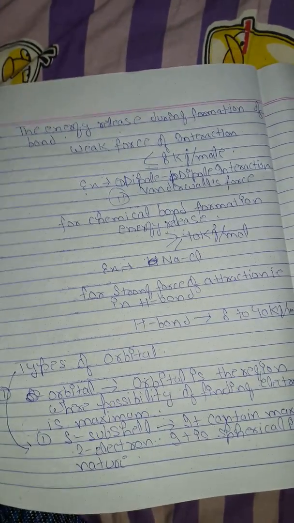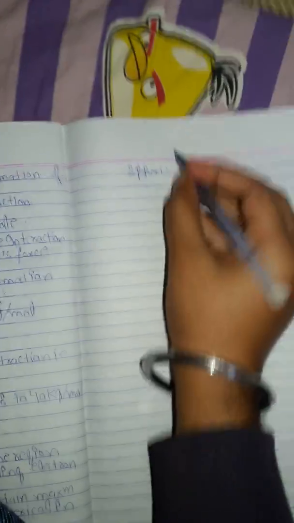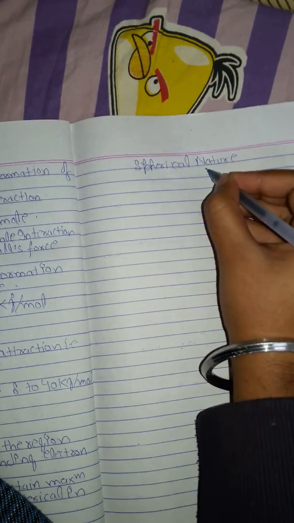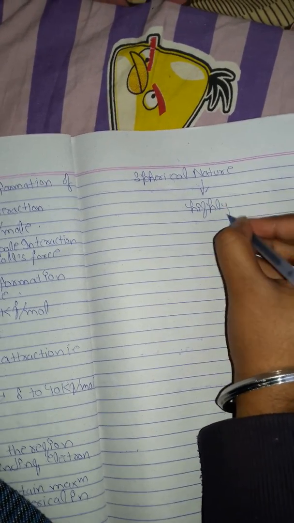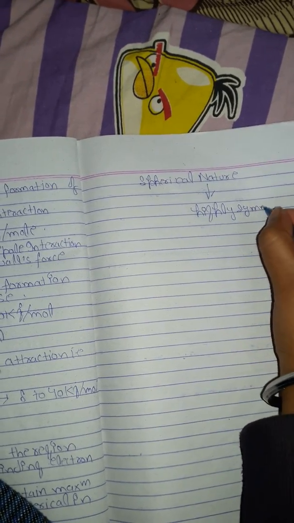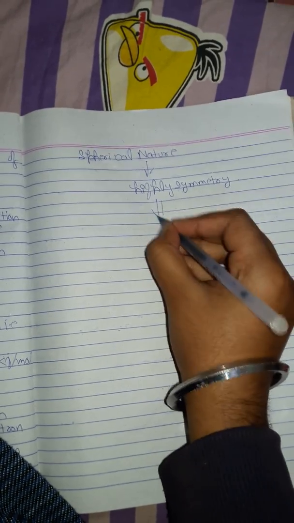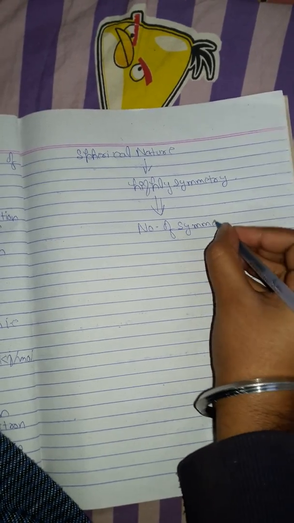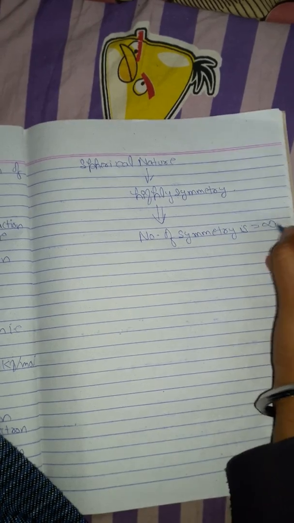For spherical nature, it is highly symmetric. Means the number of symmetries is infinite.